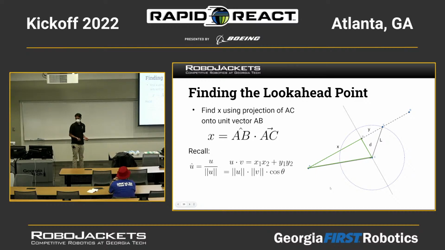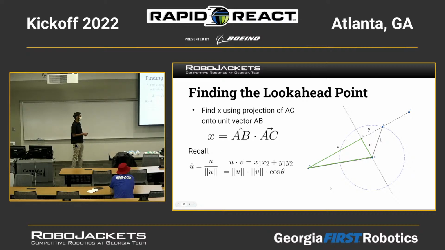So we can use the dot product of this vector in order to find the value of X. Here, the formula is very simple. It's AB hat. Does anyone remember what the hat means? The unit vector of A to B. Right, the hat means the unit vector. So the unit vector AB is just a vector that has a length of 1 and points from A to B. And we're going to use the dot product of AB hat and AC, where AC is the vector which connects the starting point of the path to the location of the robot.